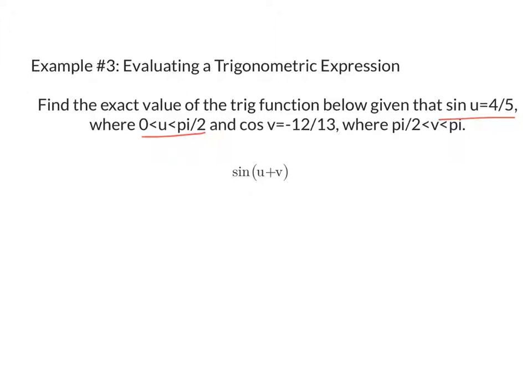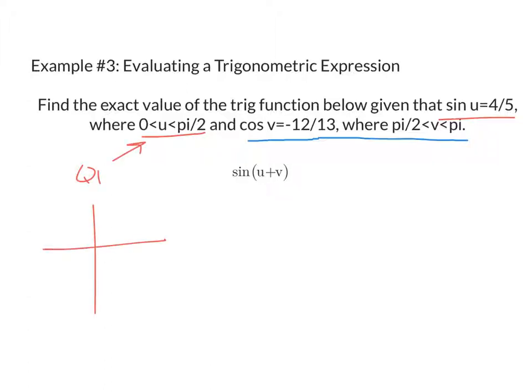And then the other question is find the trig function for cosine, where v is between pi over 2 and pi. Okay. In the first one, if they're saying that sine is positive, and they're also telling you that it's between 0 and pi over 2, that's referring to quadrant 1.